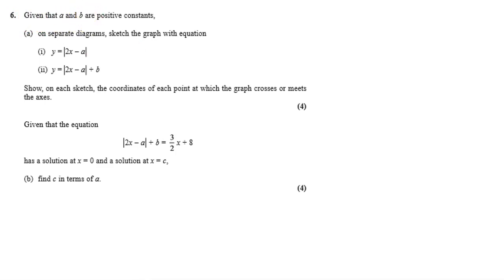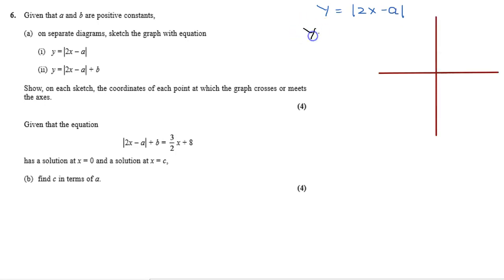Question number 6. Given that a and b are positive constants, on separate diagrams sketch the graph with the equation y is equal to modulus of 2x minus a. So let's draw the graph of y is equal to 2x minus a.